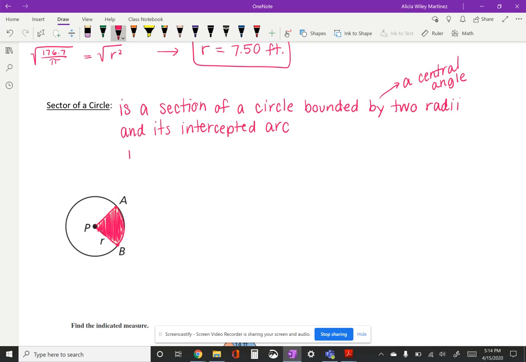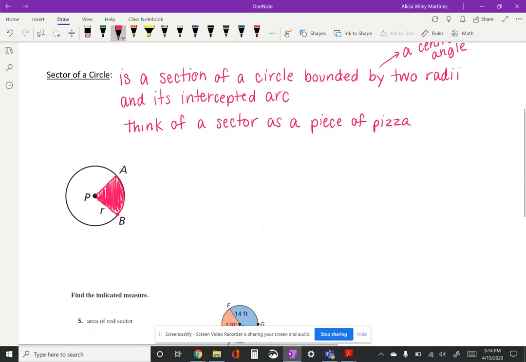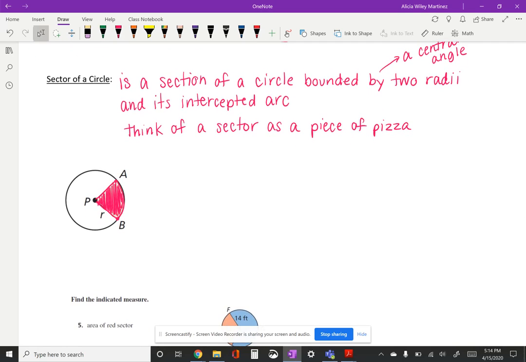So you want to think of a sector as a piece of pizza, or a piece of pie, or pizza pie. So what we're going to be doing today is finding the area of that sector.